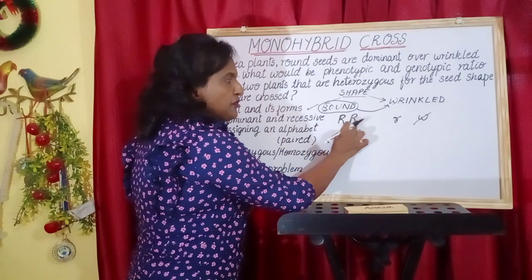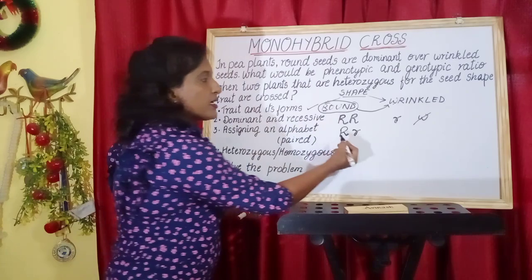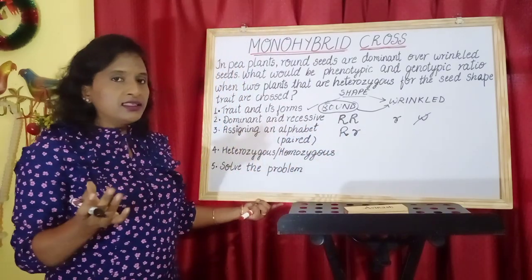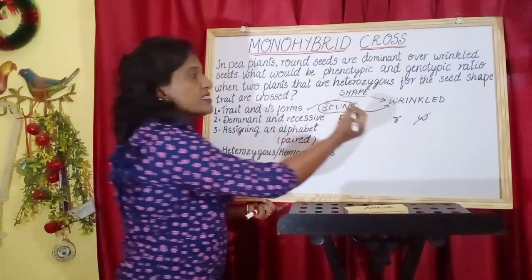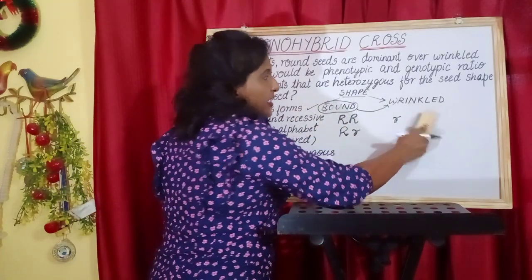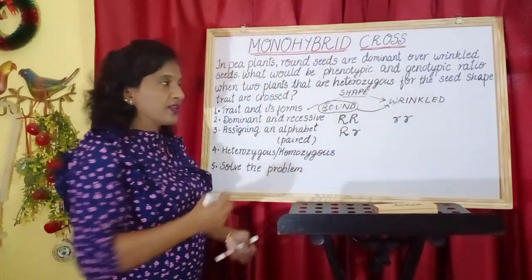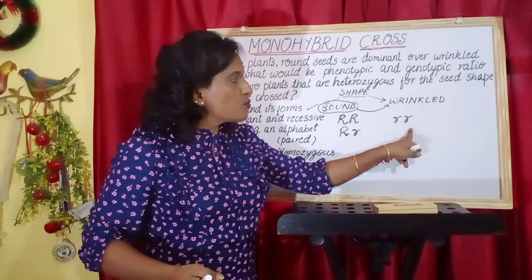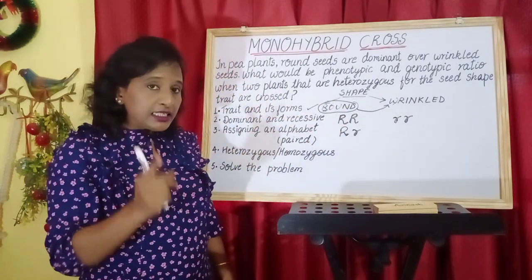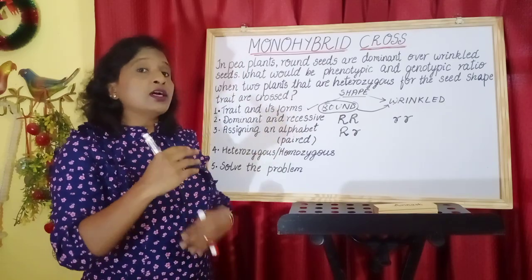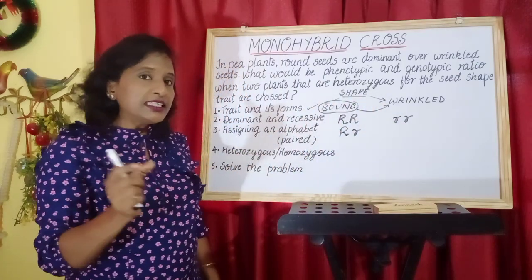Now, if you see here, capital R, capital R are the similar alleles. Capital R, small r are the hybrid or dissimilar alleles. Similarly, here we will take for wrinkled small r, small r. Now, what does this small r indicate? It indicates a recessive allele or recessive factor, which will express only when its own allele is present in its pair.